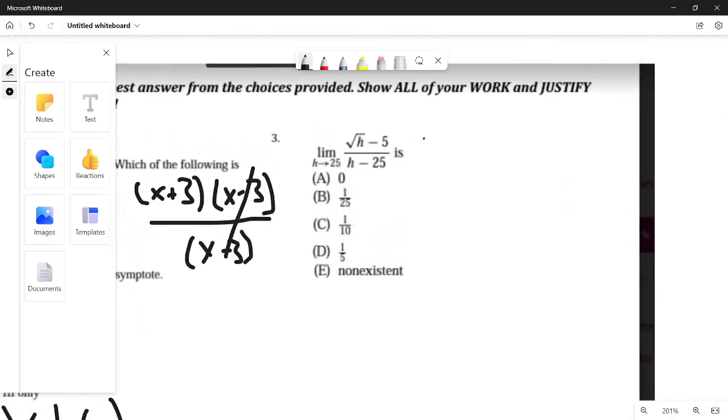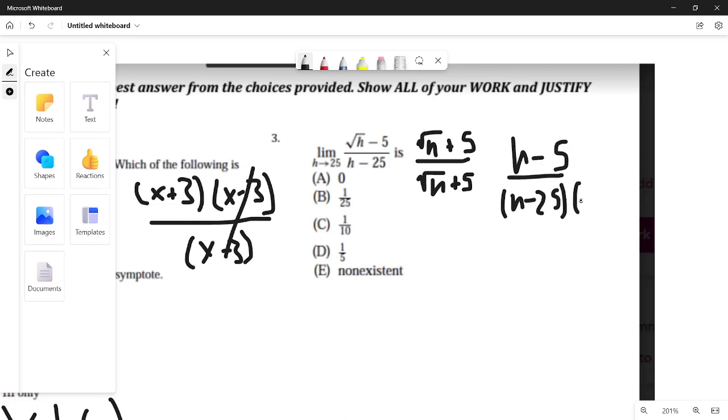Here's a type of problem where you can solve it by multiplying by a reciprocal, or conjugate. For example, here we're going to want to multiply by root h plus 5 on both the numerator and the denominator. If right now we plug in 25, we're going to get 0 in the denominator, so we need to manipulate the function. On the numerator, this will result in h minus 25, because it's 5 times 5, and in the denominator we'll have h minus 25 times root of h plus 5.